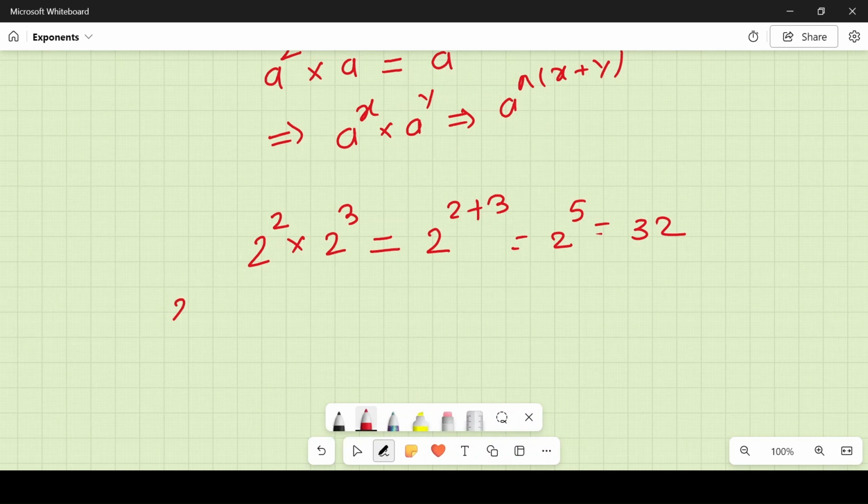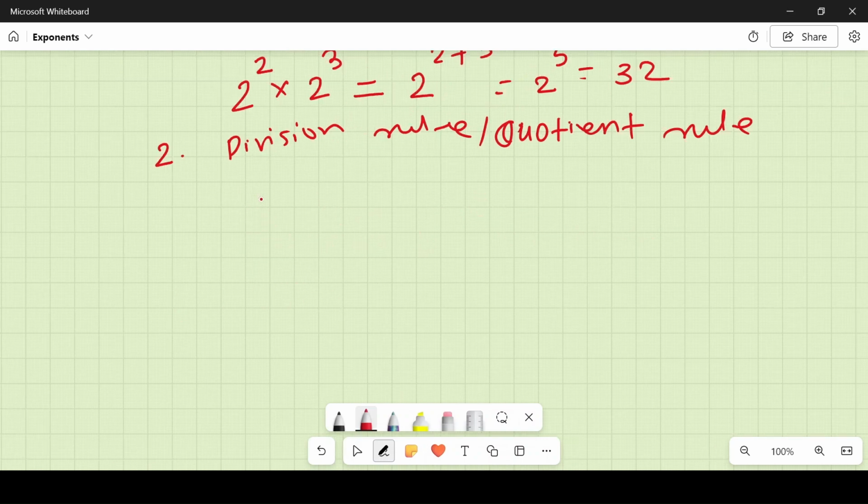Now move to the second rule of exponents. It is called the quotient rule or division rule. The division rule applies when we are dividing two exponents with the same base, like a to the power of 2 and a to the power of 3.